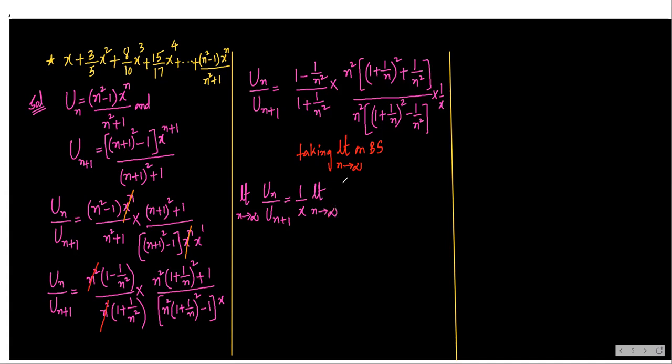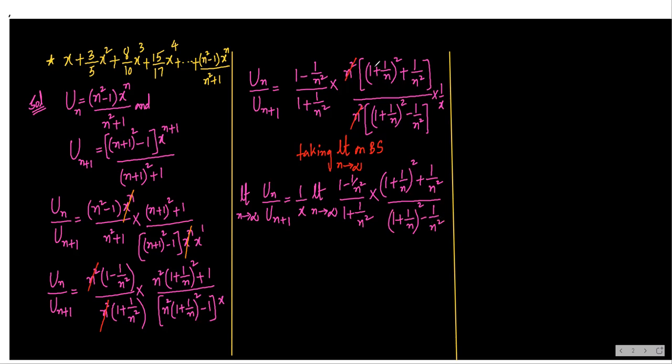Limit n tends to infinity of (1 minus 1 by n square) divided by (1 plus 1 by n square), into (1 plus 1 by n whole square plus 1 by n square) divided by (1 plus 1 by n whole square minus 1 by n square).